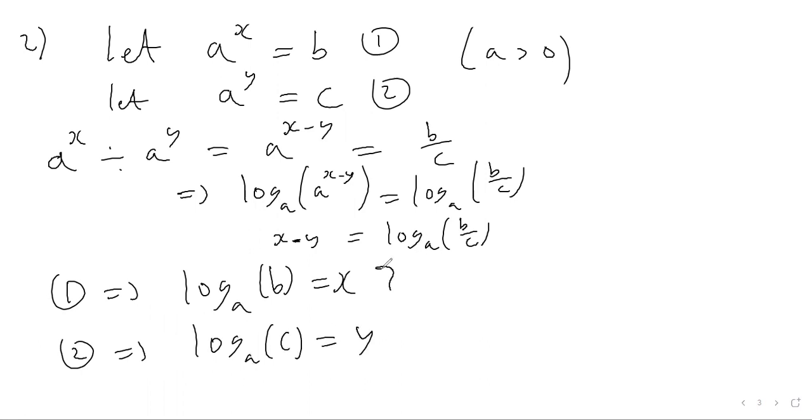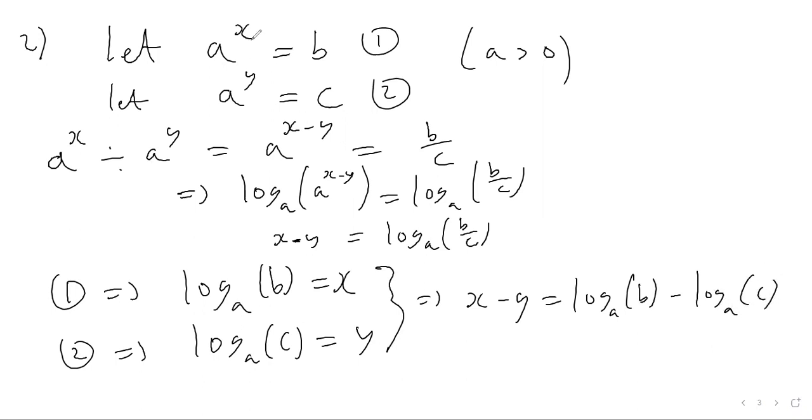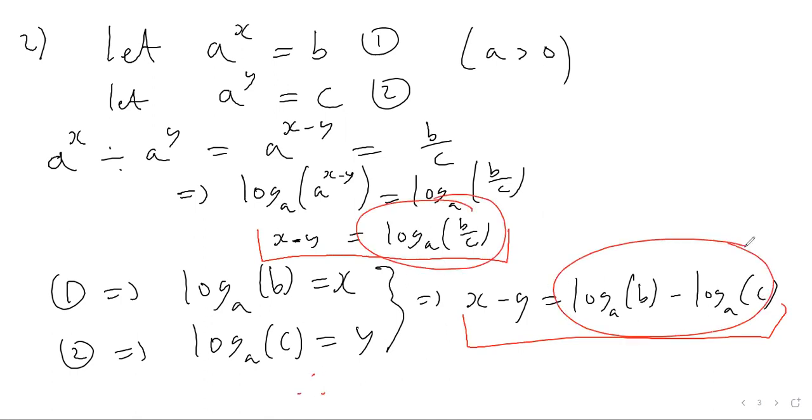So what happens if we take these results away from each other? The first take away the second, we get x take away y is equal to log base a of b subtract log base a of c. We have this result that x take away y is that, but we also know from up here that x take away y is that there. So actually now we get our second rule, that that is equal to that.